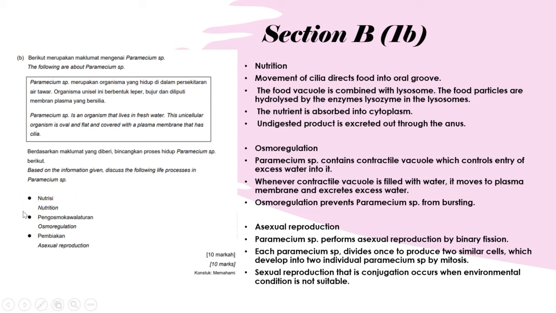In nutrition, osmoregulation, and asexual reproduction. So 10 marks are allocated here. Maybe you can write 4 points for nutrition, 4 points for osmoregulation, and 2 points for asexual reproduction, or 4, 3, 3, or 3, 4, 3, right?